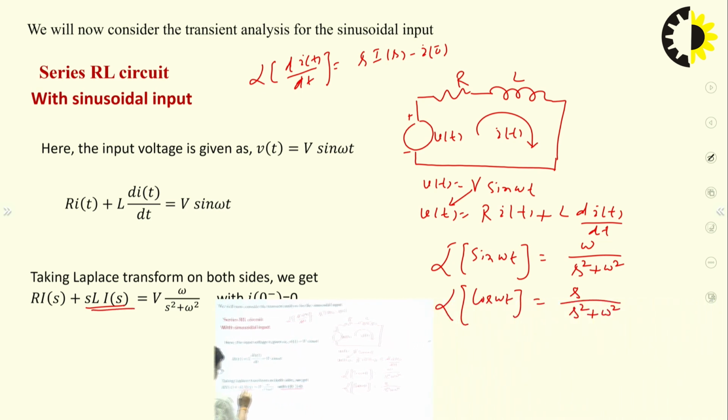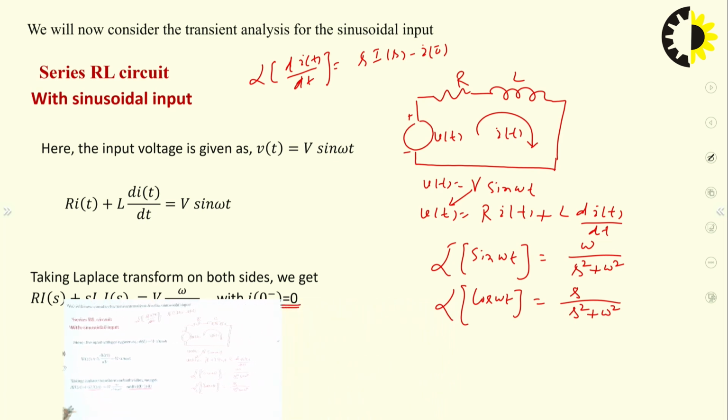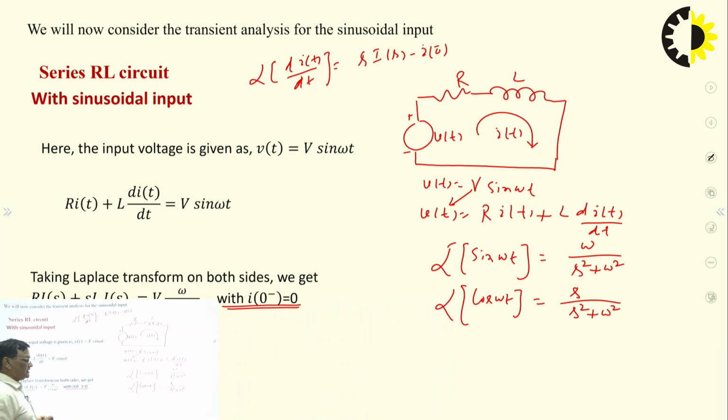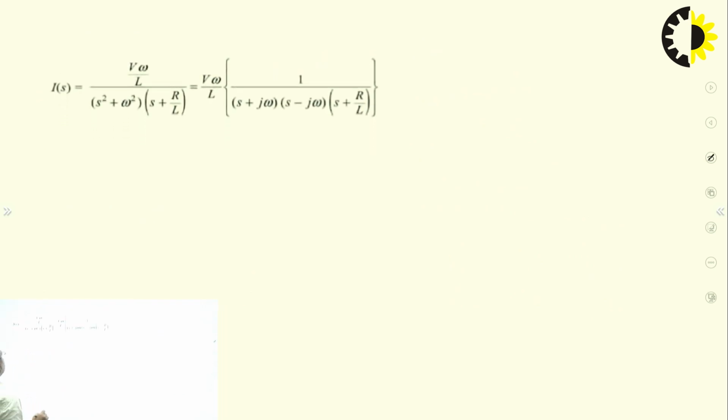So, R I(s) plus sL I(s) is equal to V omega upon s square plus omega square. Now take I(s), and we can get I(s) equal to V omega over L upon this expression. So, this is your constant.